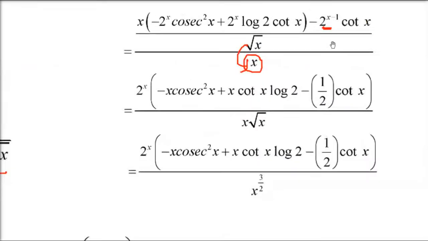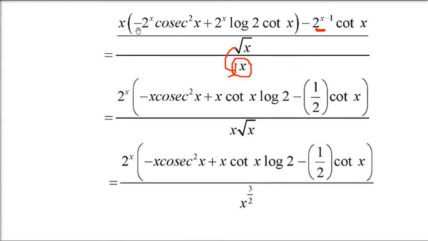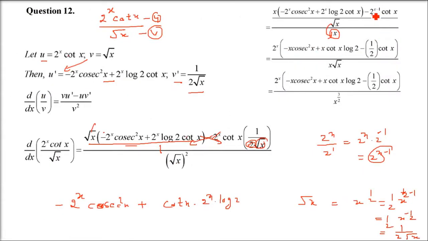So now you see here, we have 2 raise x, we multiply first x inside. So this is a minus 2x, 2x are common everywhere. So when we have 2 raise x common everywhere, 2 raise x minus 1 is actually 2 raise x by 2 only.